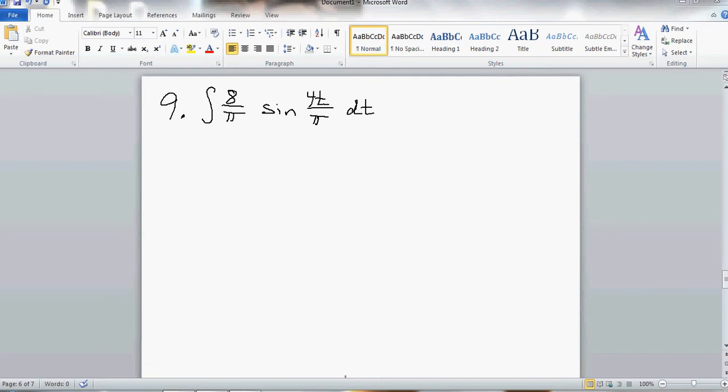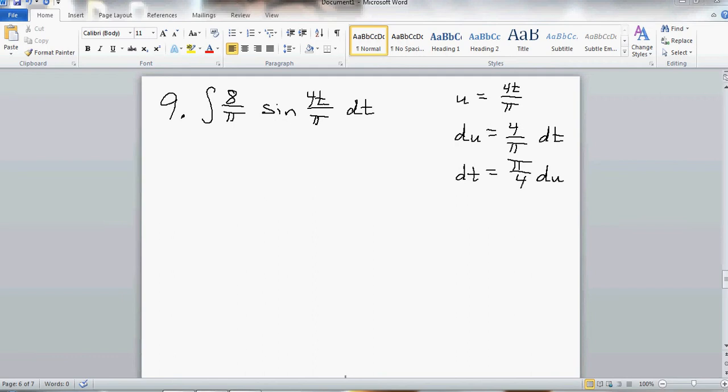Well, the most complex part is this right here. I mean, after all, this is just a number, but we take the innermost part, and that's what u is going to equal. So u will equal 4t over pi. Take the derivative of both sides, so du will equal 4 over pi dt. So that means dt will equal pi over 4 du, and we divide both sides by 4 over pi.